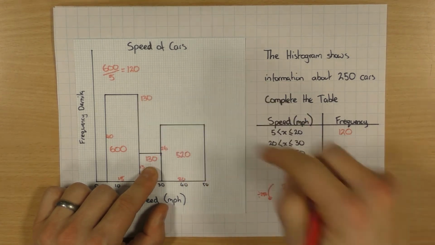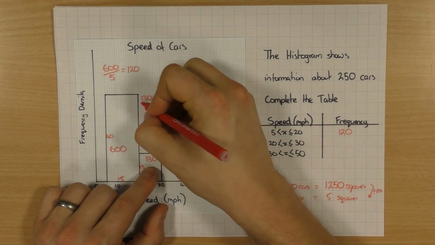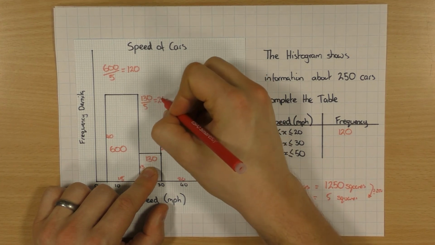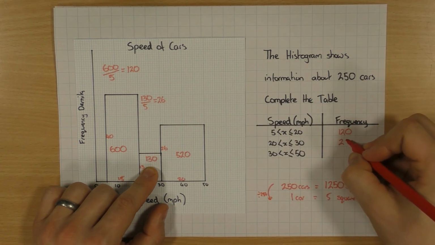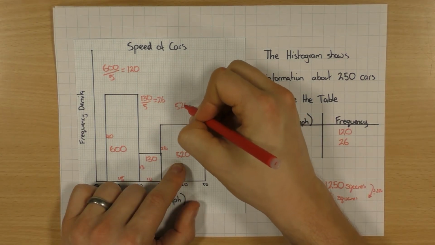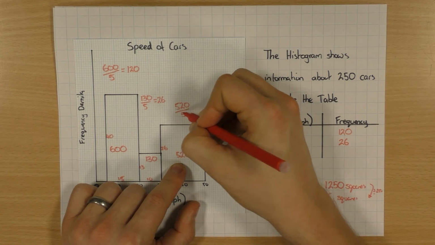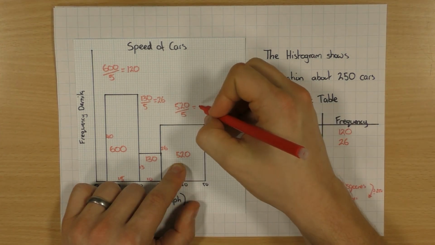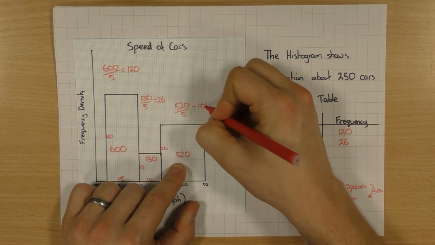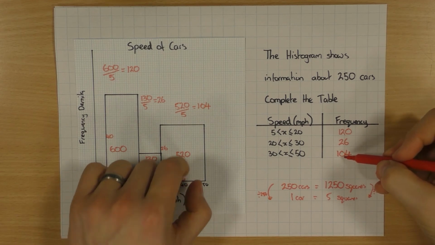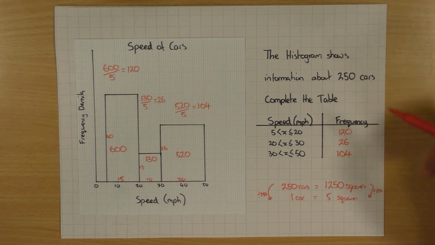So 130, remember 5 squares is worth 1 car, so I divide that by 5 to get 26. And the last one, there was 520 squares, so I divide that by 5, because again, 5 squares is 1 car, and that gives me 104. And obviously just double check, add those all up. Do they equal 250? Yes, it does.